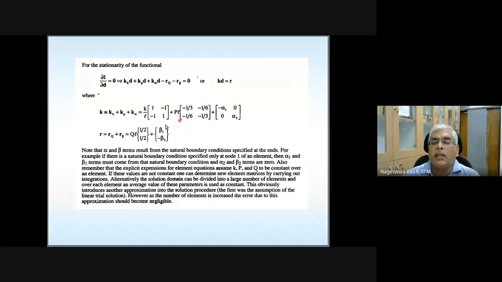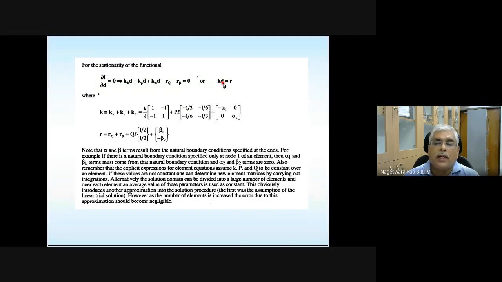This is the element. These are the element equations. Once you identify k, p, q, and from the boundary conditions identify alpha 1, alpha 2, beta 1, beta 2, you can easily find this stiffness-like matrix and load-like vector. Then you can determine the field quantities which appear in this vector D, the field variable.